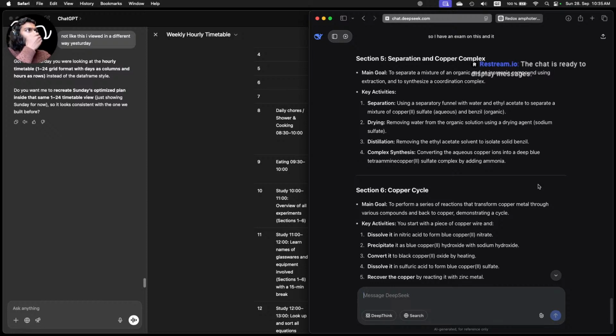To separate a mixture of organic and inorganic compounds using extraction and to synthesize a coordination complex.